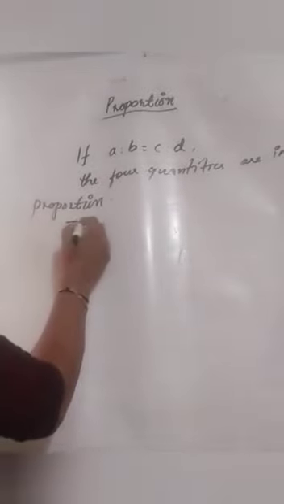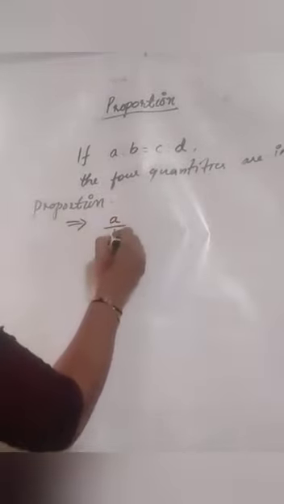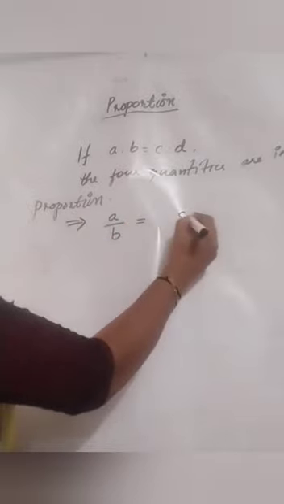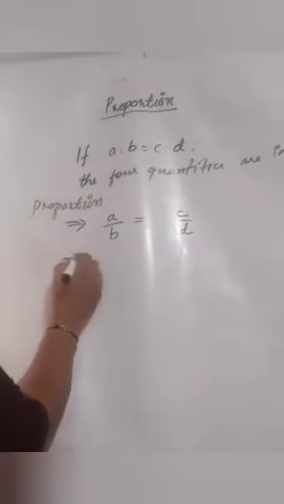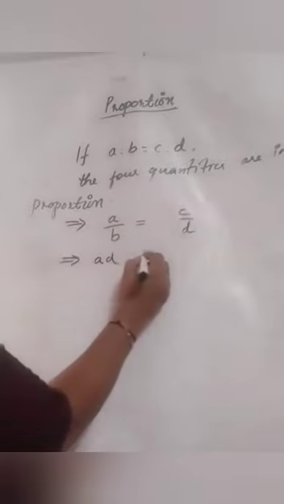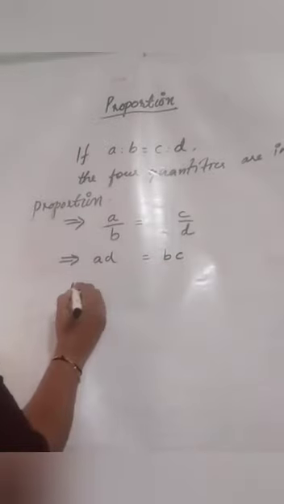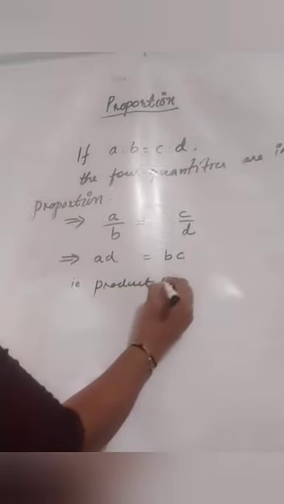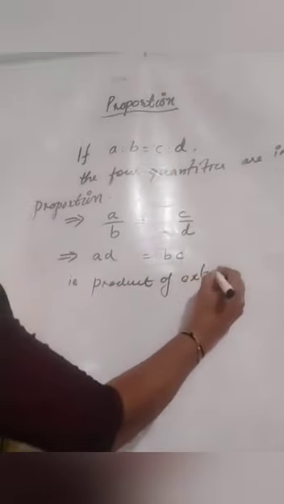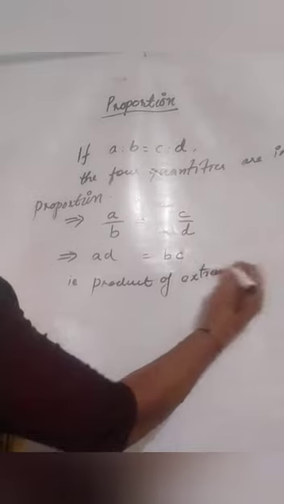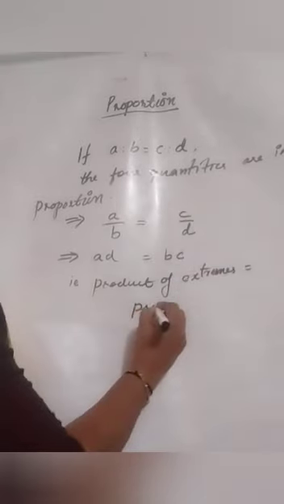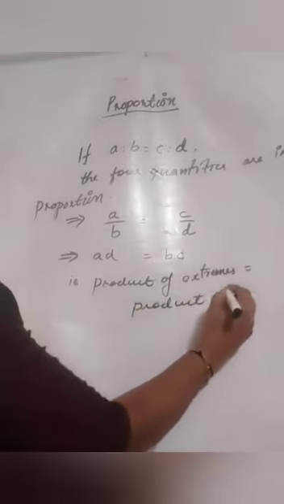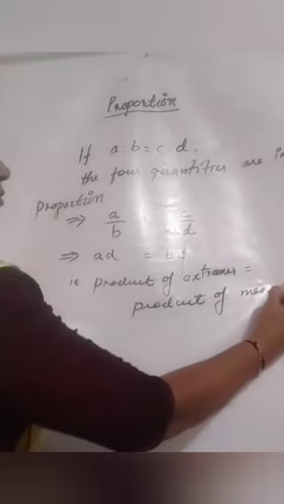It's equality of two given ratios, which implies A by B equal C by D. That means AD equal BC. That is, product of extremes, A and D are the extremes, equal product of means, B and C are called the means.